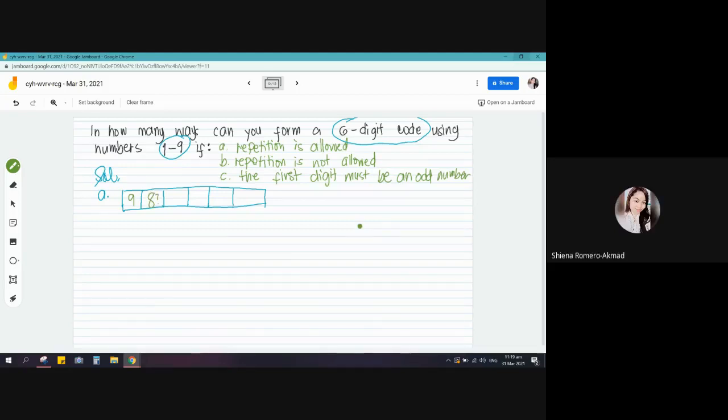Sabi, repetition is allowed. 9. Yes, the answer is 9, 9, 9, 9, 9, 9. Or simply 9 raised to 6. Okay? Bakit? Kasi sa una, pangalawa, hanggang sa pang-anim na pwesto, pwede mong gamitin lahat ng numbers.